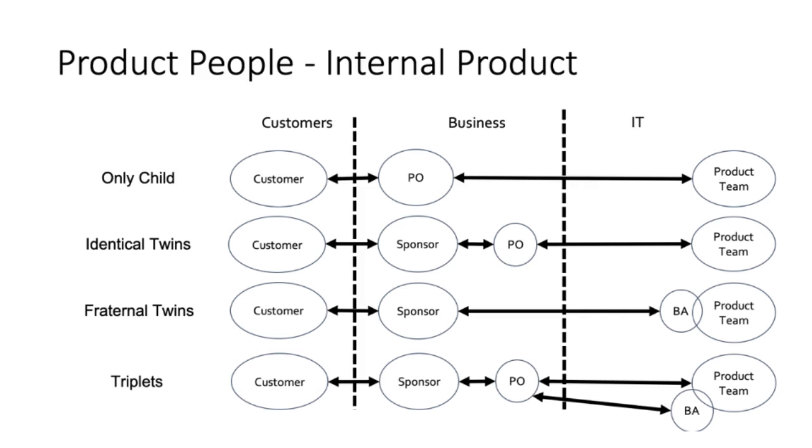Identical twins. In some cases, an organization identifies someone who is supposed to act as product owner, but they do not have full decision-making responsibility about what problems to solve. The organization ends up in an identical twins model, although the sponsor may not be explicitly identified. Fraternal twins.